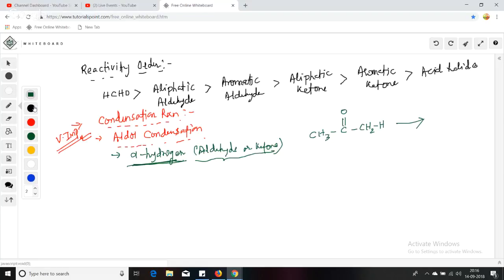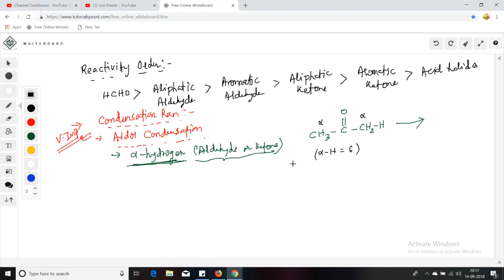Any hydrogen which is adjacent to this carbonyl group is acidic hydrogen. Since it is at alpha position, this is alpha hydrogen, and these are also alpha hydrogen. So if I ask you how many alpha hydrogen are present in this, the answer is 6 alpha hydrogen.